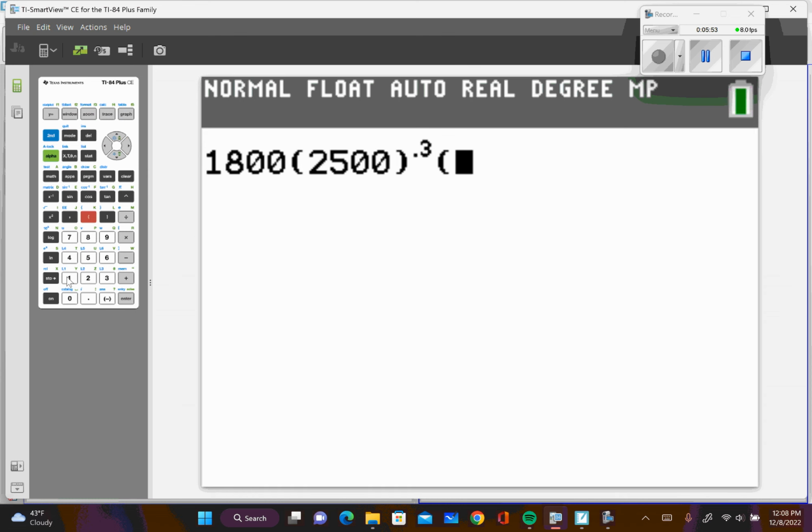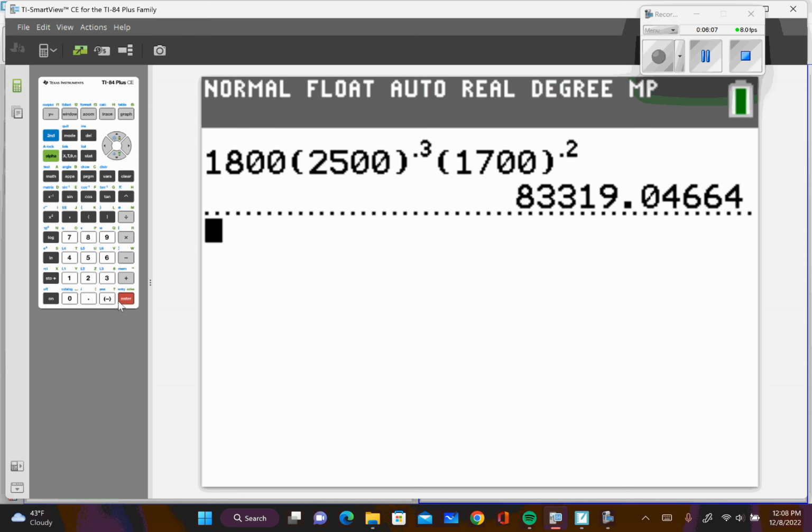Parentheses, 1,700 close parentheses raised to the 0.2. And we're going to round this to 83,319, because it said to give the answer to the nearest whole number, 83,319.